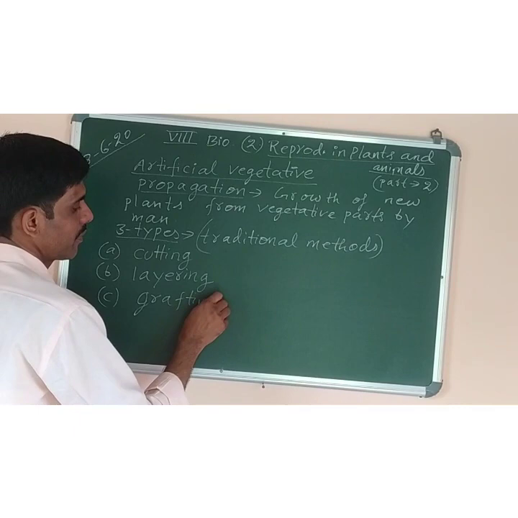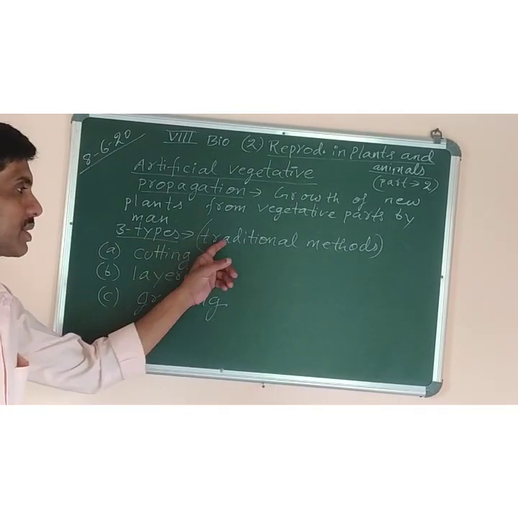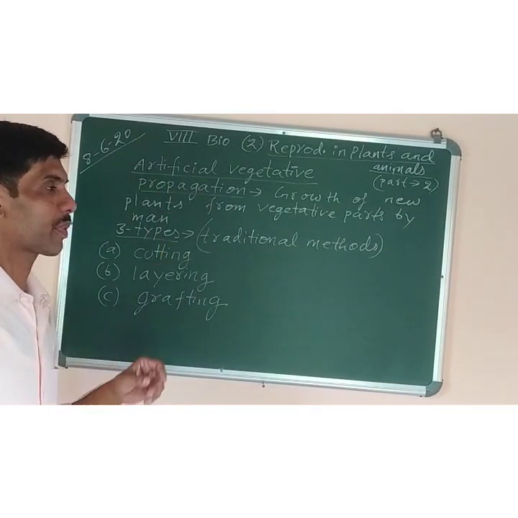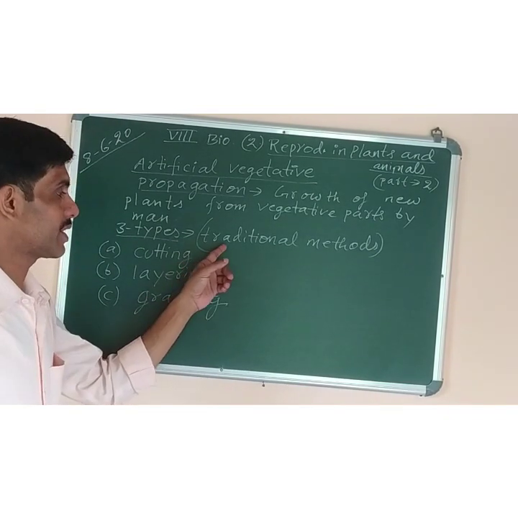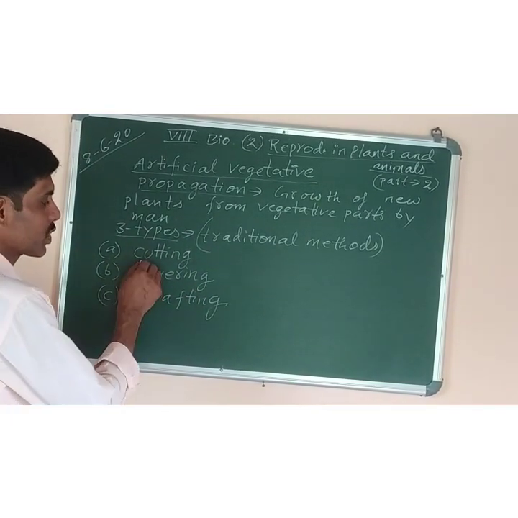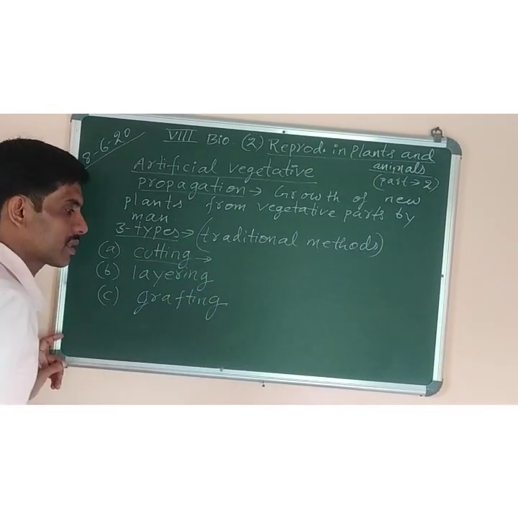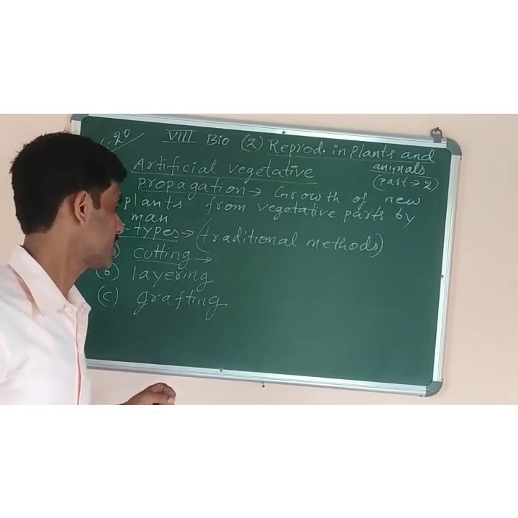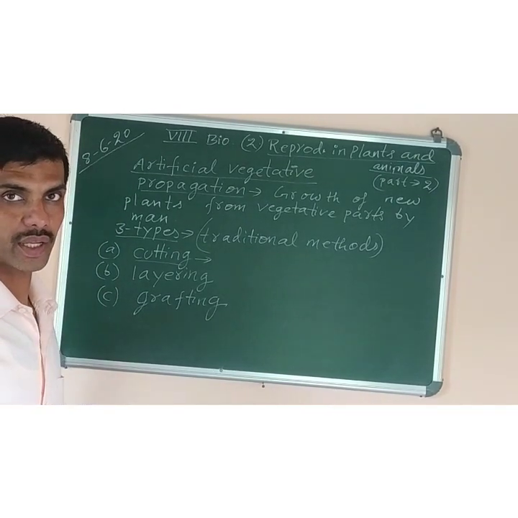So what are the three different types of traditional vegetative propagation methods? Traditional means the old one, the previous one, or the ancient one. First one is cutting. I will explain each of them and write examples of each. What is cutting, you know?